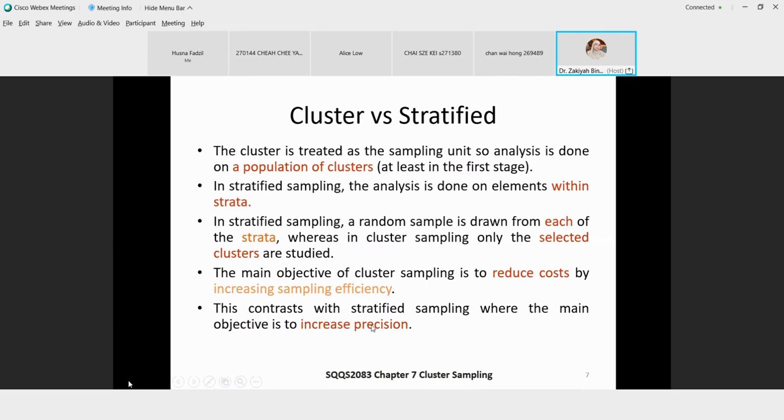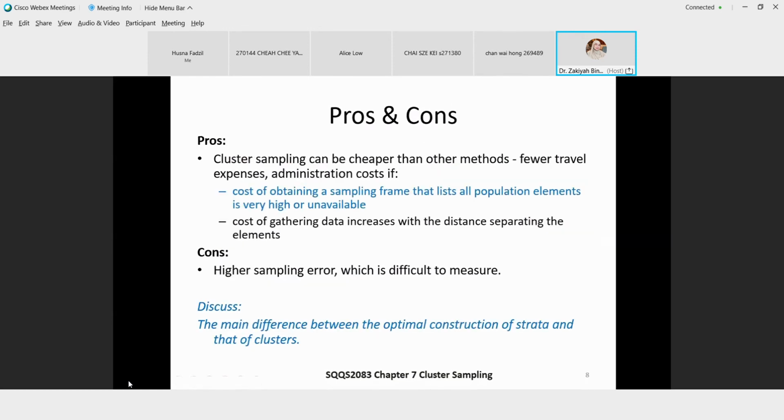That's why you look at the pros and cons. First, you have to understand the procedure or the differences between the sampling methods, and it's easy for you to think of the advantages and disadvantages. The pros, what? It is cheaper. It is cost saving. Faster sampling. Why?